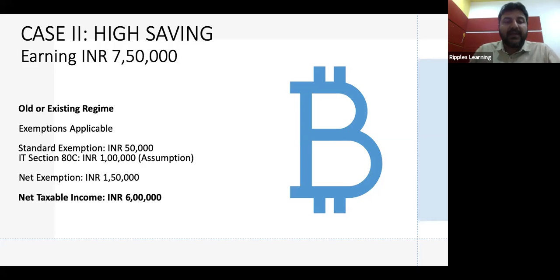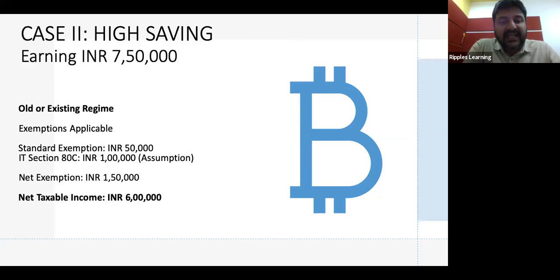So you are claiming exemption for 1.5 lakh out of 7.5 lakh: 50,000 as standard deduction, and under IT section 80C, where up to 1.5 lakh can be claimed, you are claiming 1 lakh, not the entire 1.5. A realistic scenario: a person earning 7.5 lakh can anyway claim 50,000 as standard deduction and 1 lakh under 80C. So what is the net taxable income?